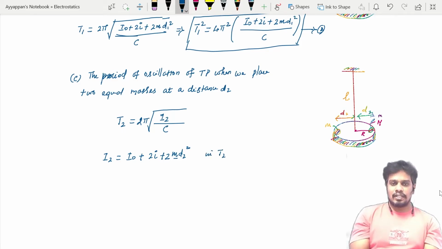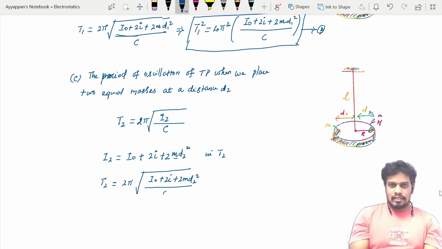Substituting this value in T2, T2 is equal to 2 pi square root of I2, which is equal to I naught plus 2 times I plus 2m d2 square, whole divided by C. If you square it on both sides, the equation will be T2 square equal to 4 pi square, the square root will get cancelled.